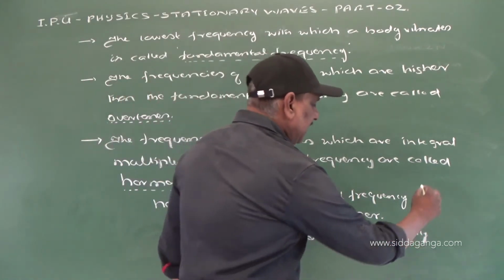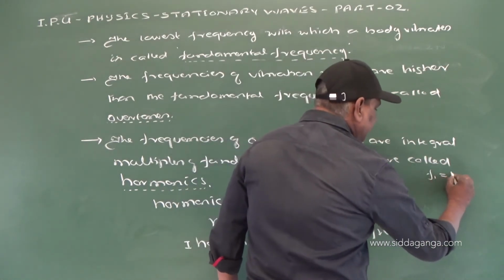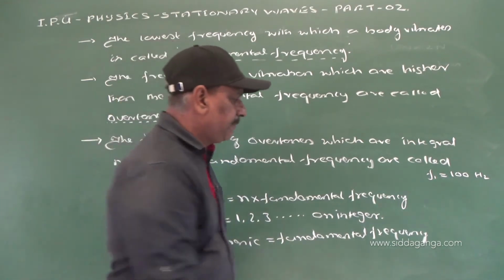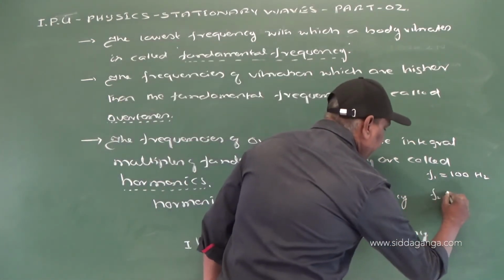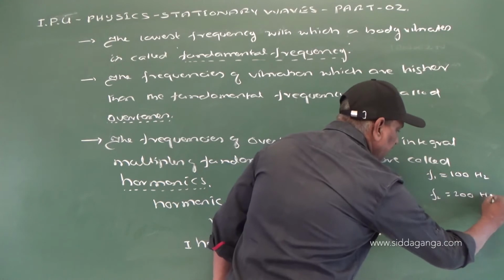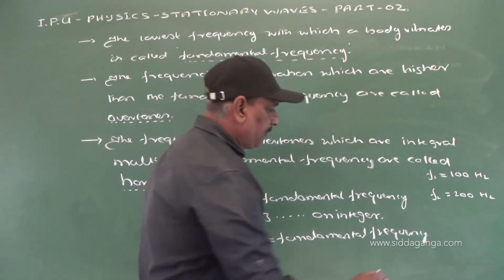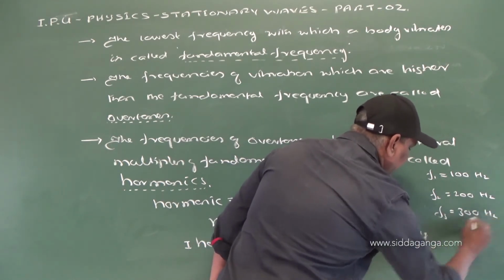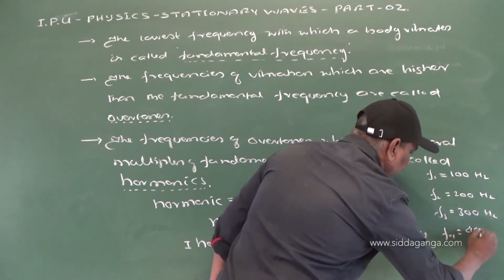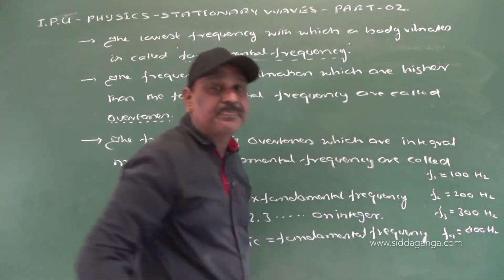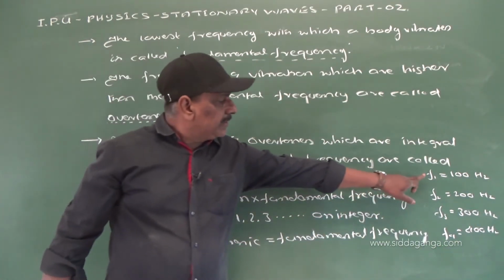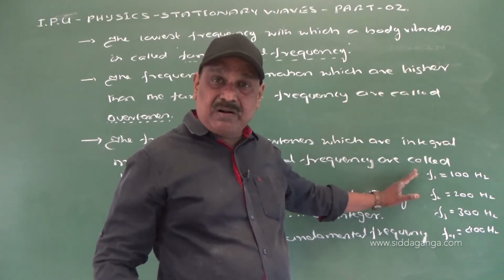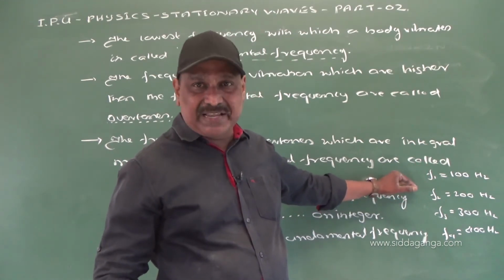Suppose I take f1 is equal to 100 hertz, that is the fundamental frequency. Next overtone is 200, f3 is 300, f4 is 400 hertz etc. This is the fundamental frequency and is called the first harmonic.